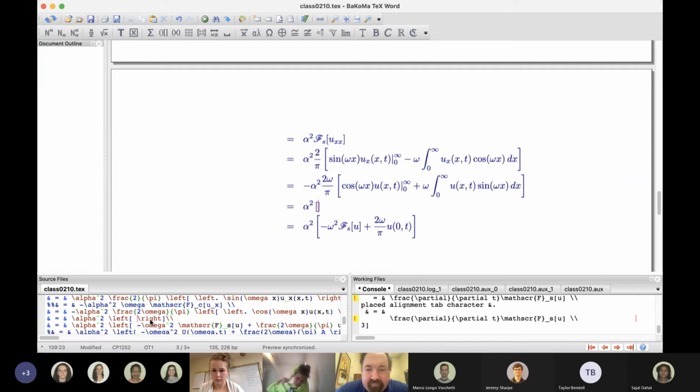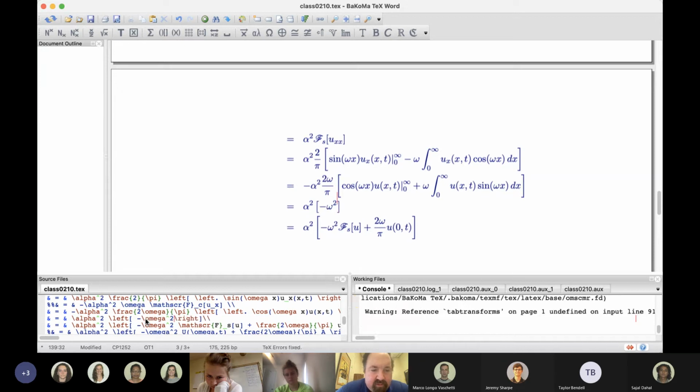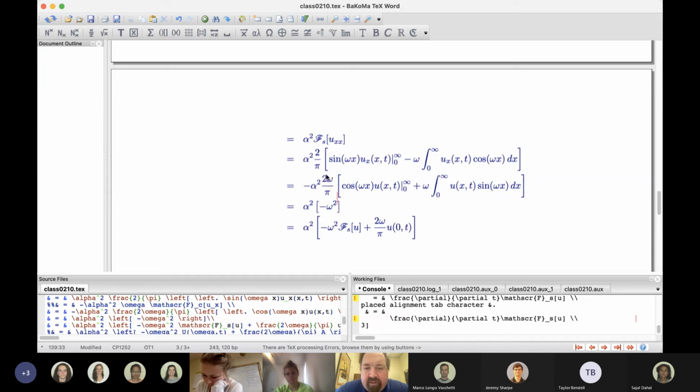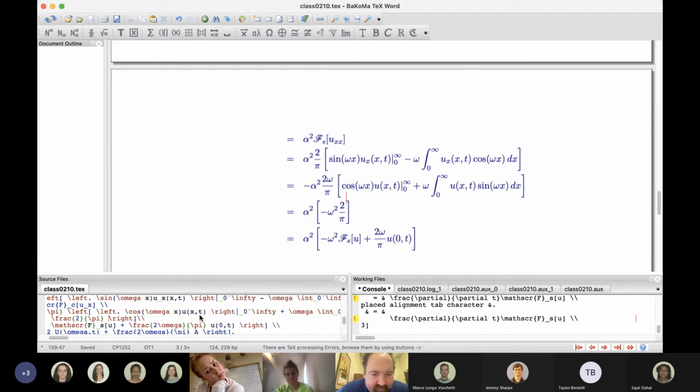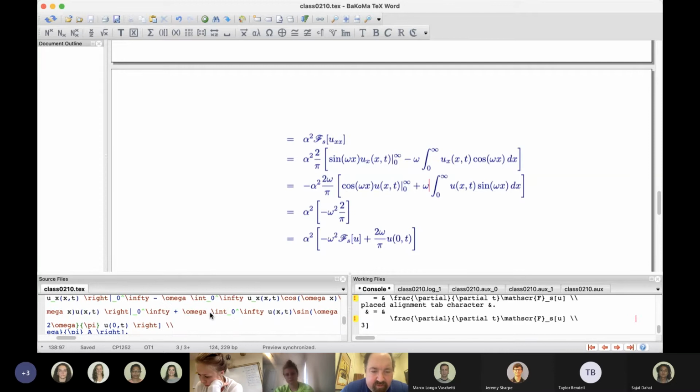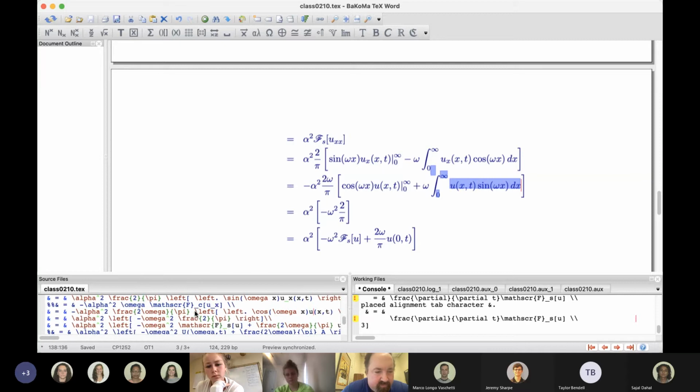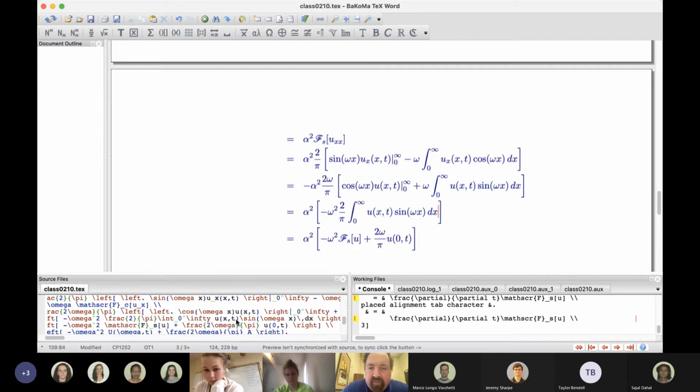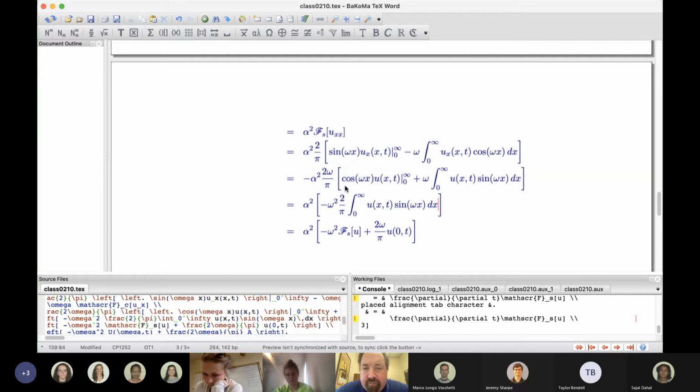So I have minus omega squared, and then I have 2 over pi pulled in from outside. And then I have this integral from 0 to infinity of u times sine of omega x.